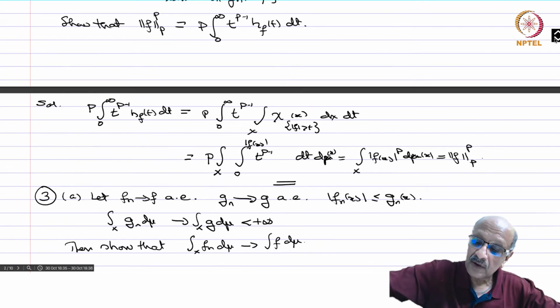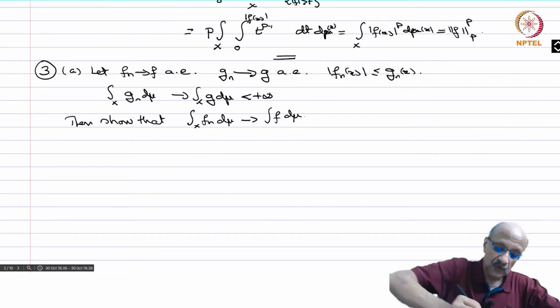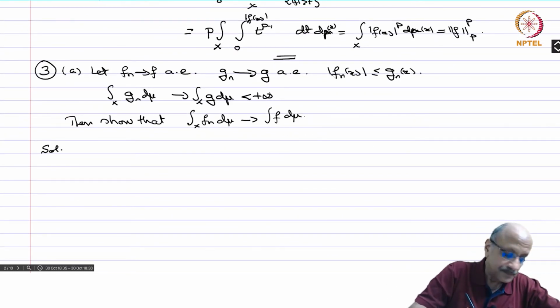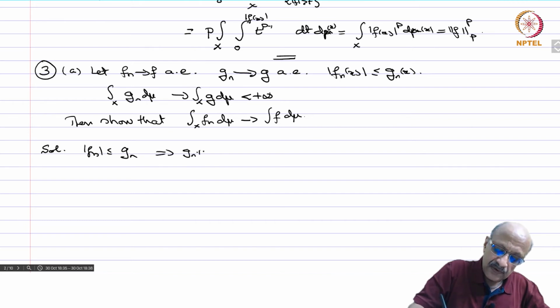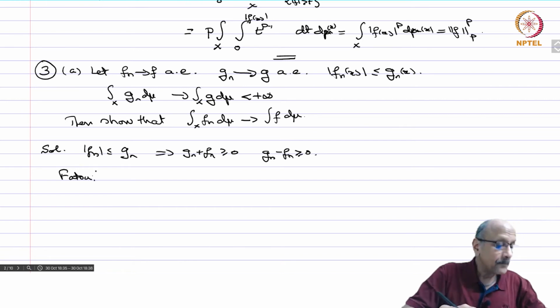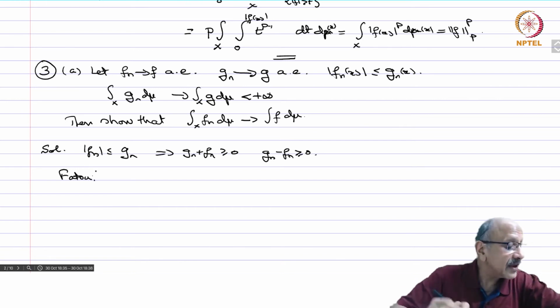So let us first solve this. Solution. So mod f_n is less than or equal to g_n. So this implies g_n plus f_n is greater than or equal to 0 and g_n minus f_n is also greater than or equal to 0. So we can apply Fatou's lemma. So what does Fatou's lemma say? g_n plus f_n goes to g plus f.